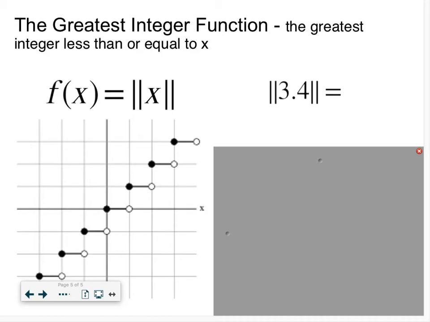Max, what do you got for it? 3. We round down to the nearest integer, so that would be 3. Even if this were 3.9999999, it would be 3.